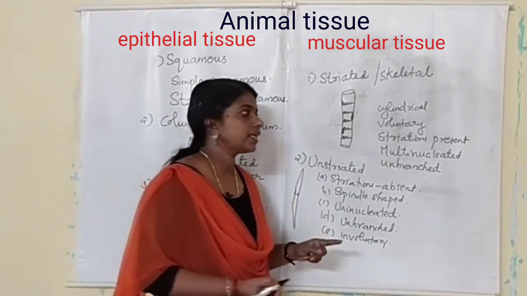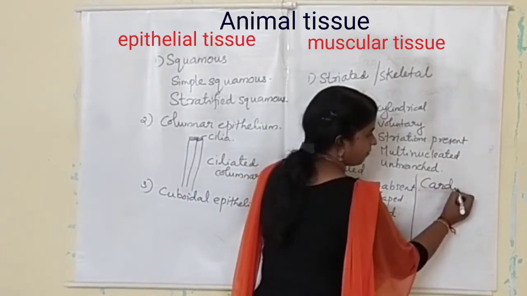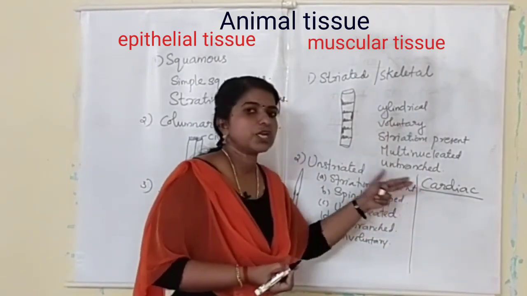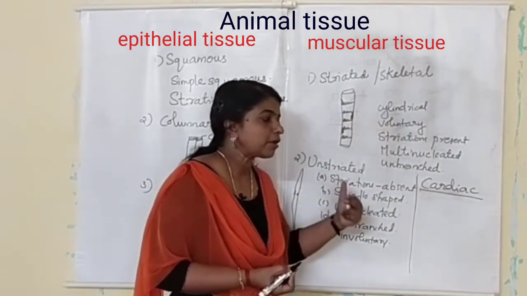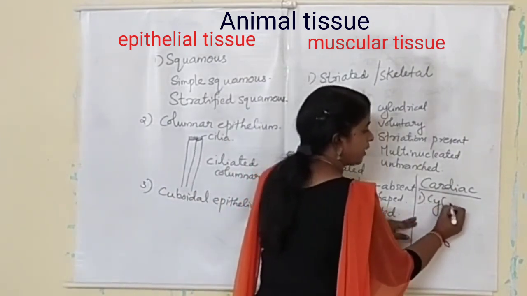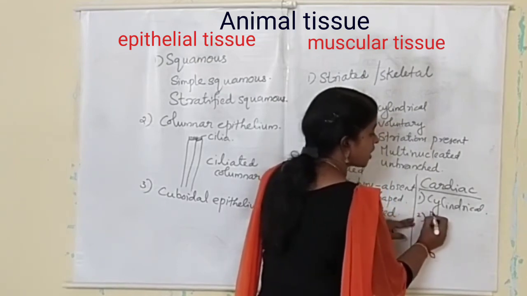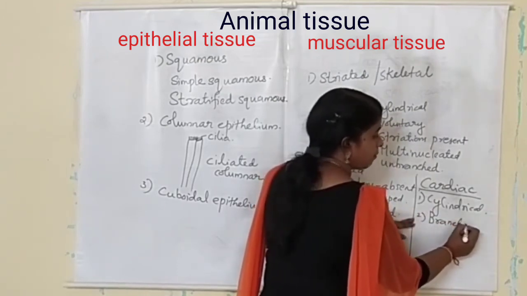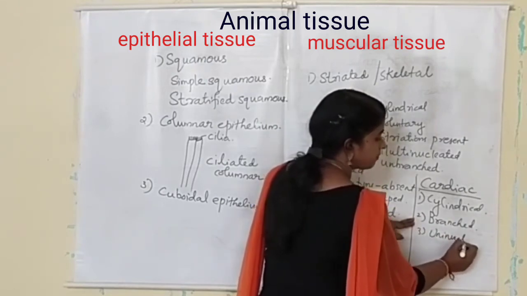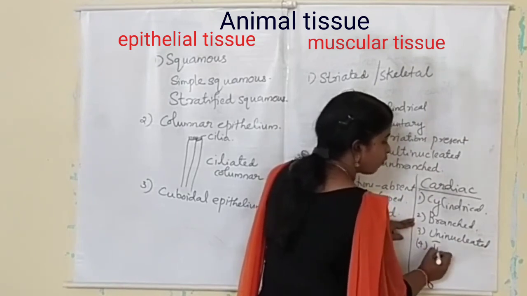The third category is known as the cardiac muscle. Cardiac means it is related to the heart. These are present in the heart. These are also cylindrical in shape, but here branches are present. It is branched, uninucleate, and involuntary.